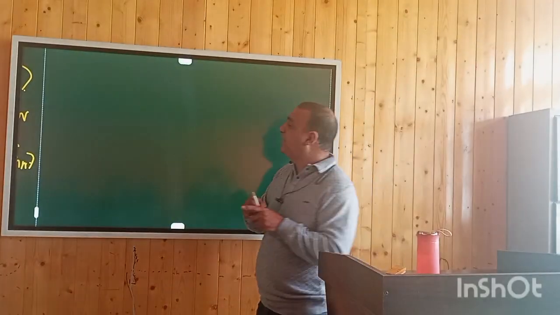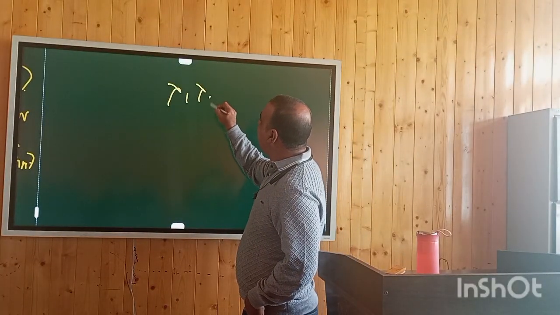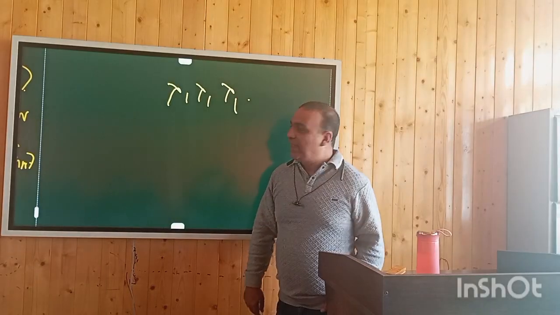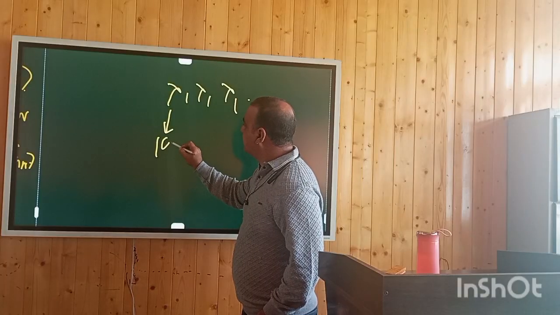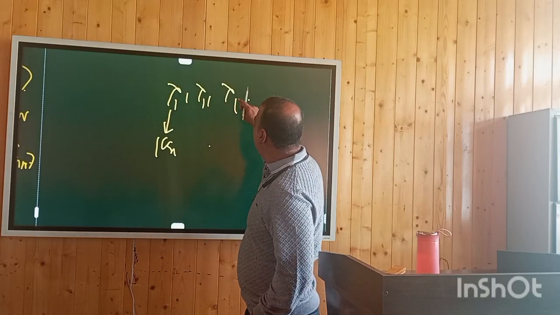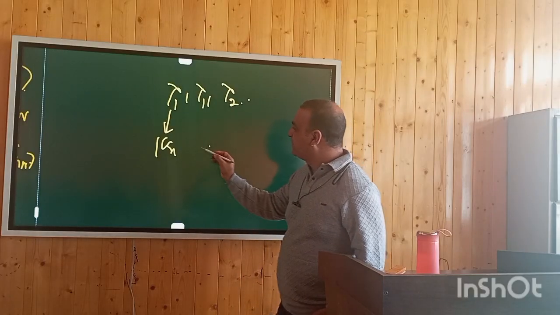Now, if I'm solving, I obtain lambda 1, and corresponding to this lambda, I have zeta. I should call this 1, I should call this 2, so that it resonates with the vectors.